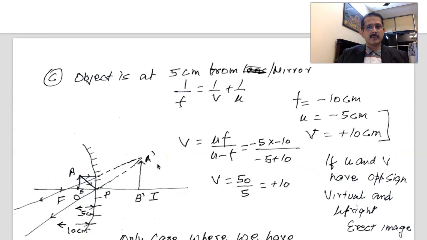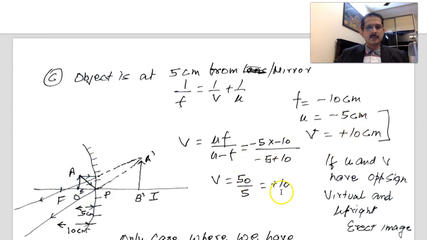Now in this case, 1 by F is equal to 1 by U plus 1 by V, same mirror formula. Remember F is equal to -10 centimeter as always, and U is equal to -5 centimeter, because again the direction of U is determined from pole to the object, which is opposite to the incident ray. So it's negative.